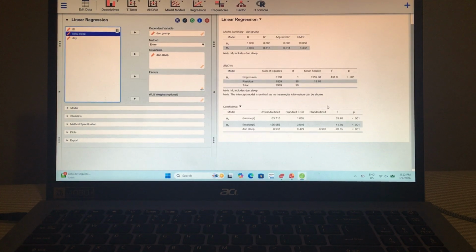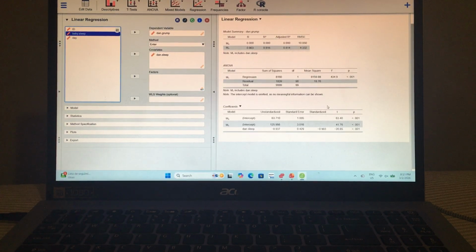So let's keep going. So how do we report a simple linear regression model in APA language or APA style? If we want to report the results of this regression model in APA style, we have two different options.